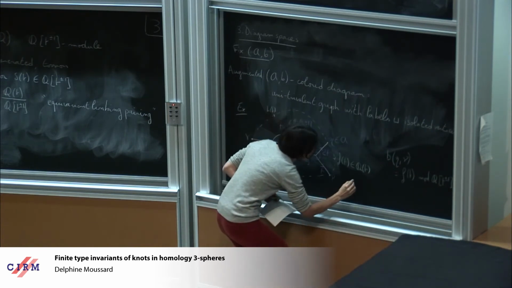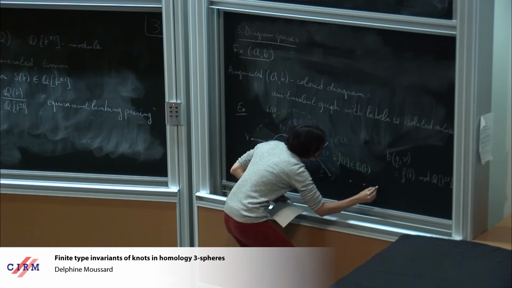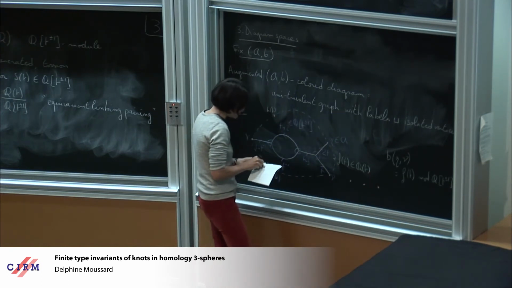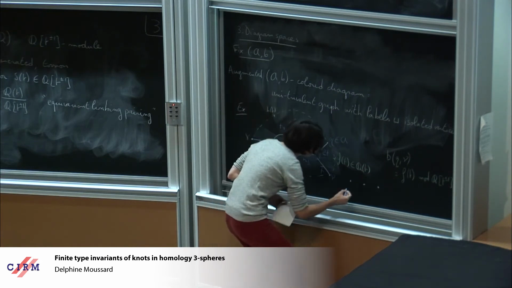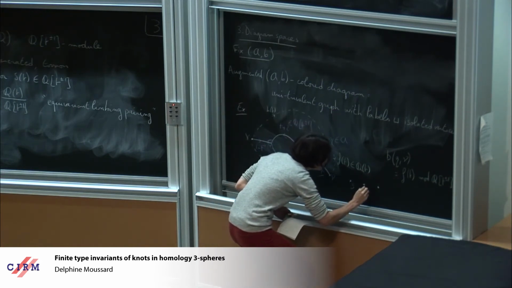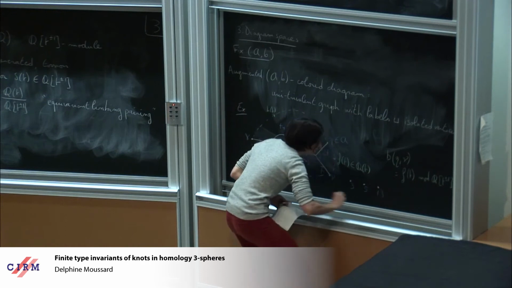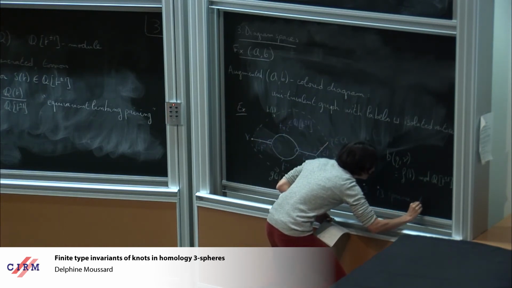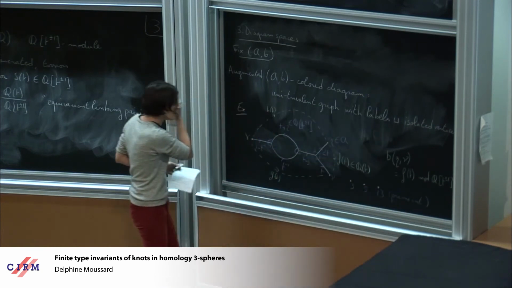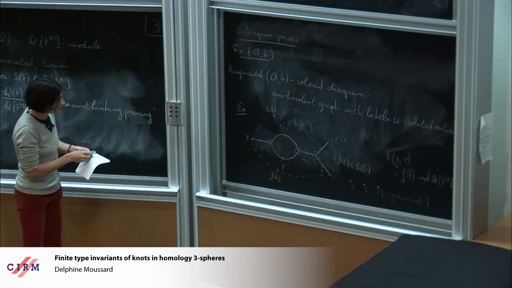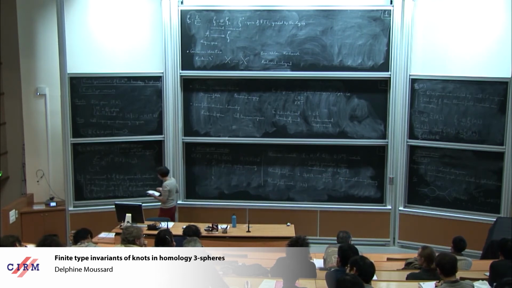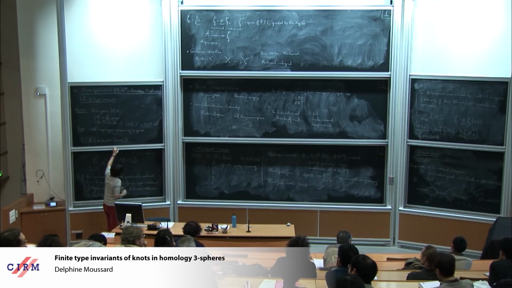For instance, here I add three isolated vertices, and they are also labeled by prime integers. Okay, so these are our diagrams, and from this definition, we can define our diagram space.